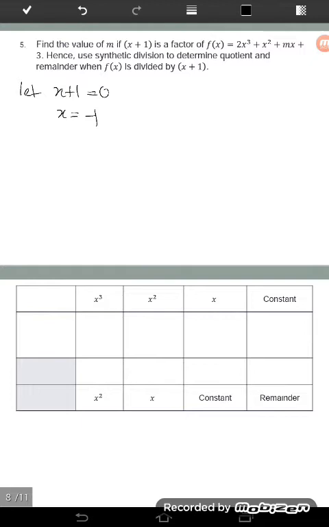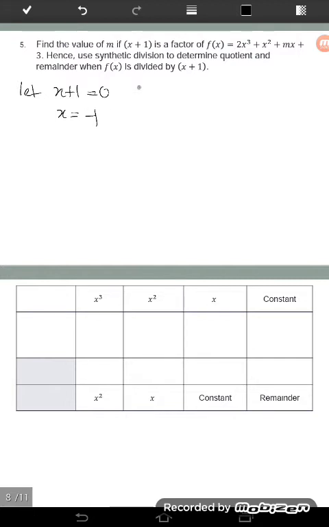Okay, so it says this is a factor of f(x). So from the factor theorem, if this is a factor of f(x), we substitute negative 1 into here, we will get the remainder equal to 0. And from the remainder theorem, to find the remainder, we simply put negative 1 here.